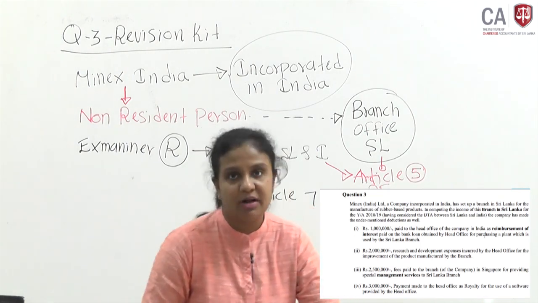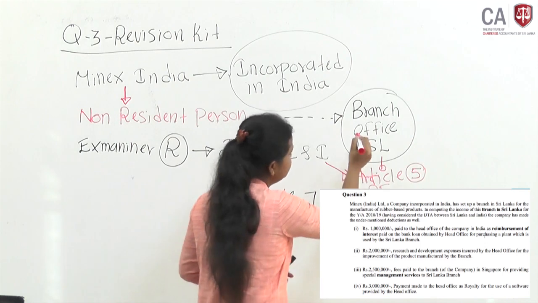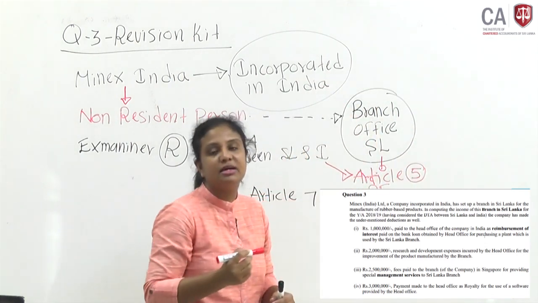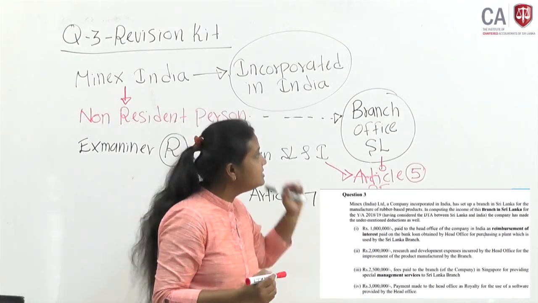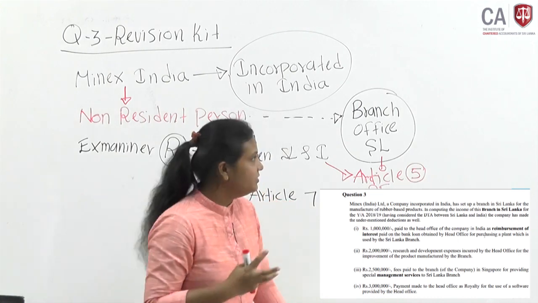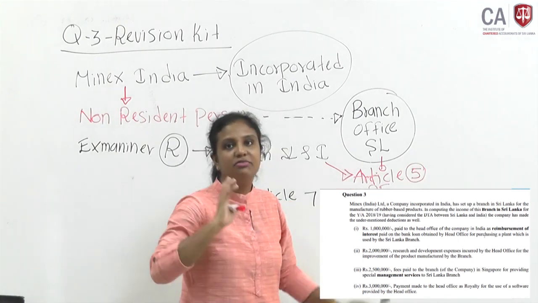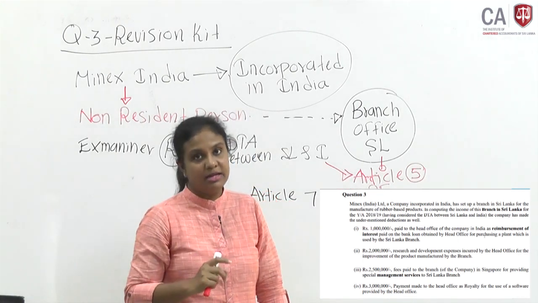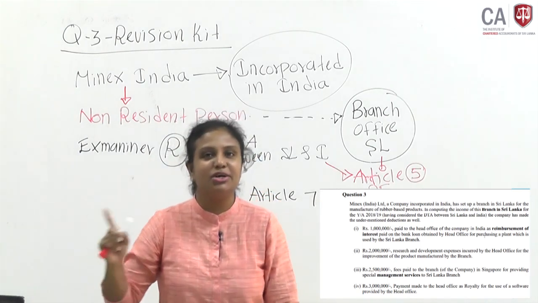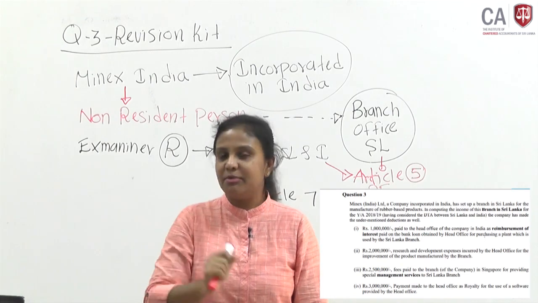The expenditure that the branch office should incur has been incurred by the head office. Now this is not that the branch office has incurred the expenditure of the head office. These are key points.